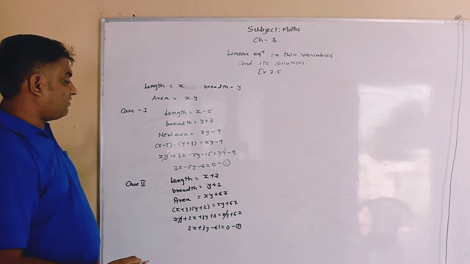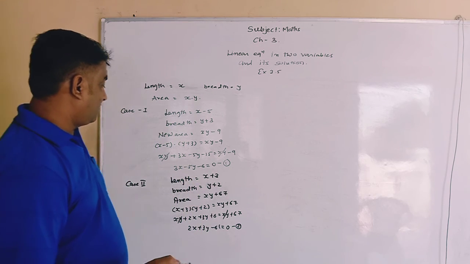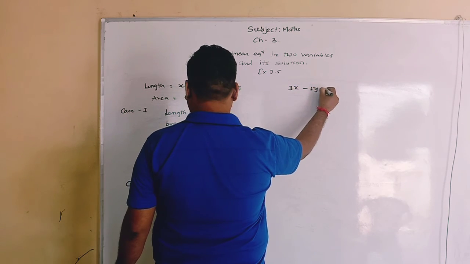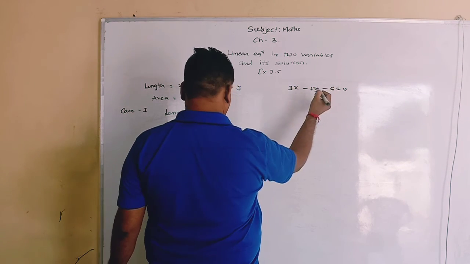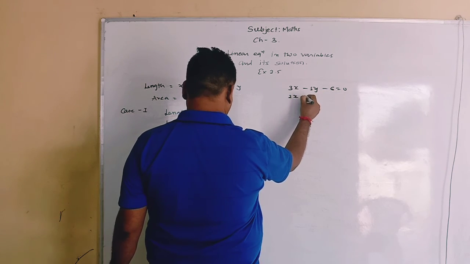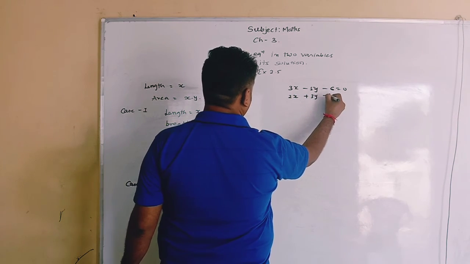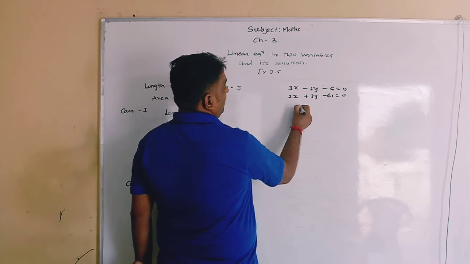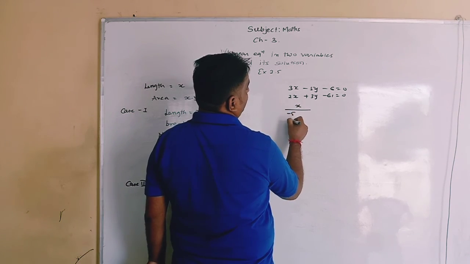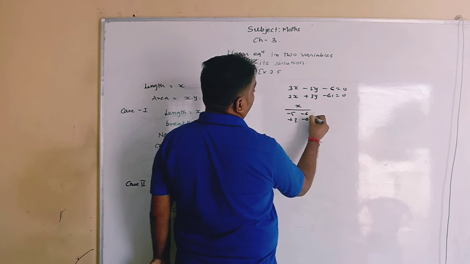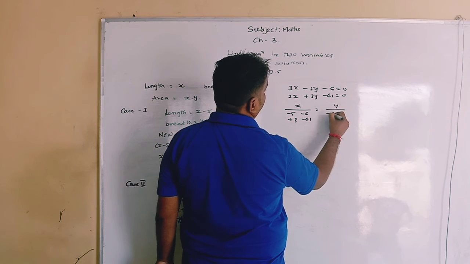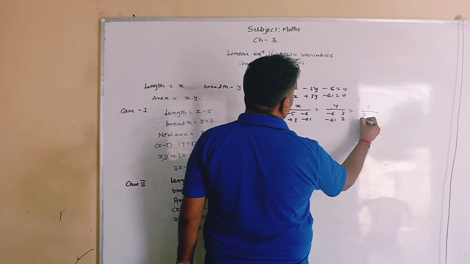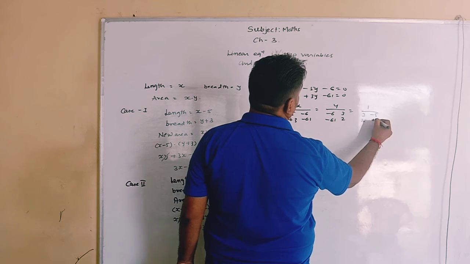Now to solve these equations, we have two equations, 3x minus 5y minus 6 equals 0 and 2x plus 3y minus 61 equals 0. So x upon minus 5 plus 3 minus 6 minus 61, y upon minus 6 minus 61, 3, 2 and 1 upon 3, 2 minus 5 plus 3.